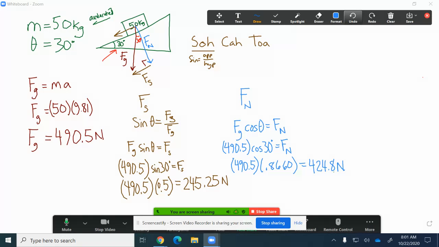All right, so let's just stop for a moment and ask ourselves if that answer makes sense. We're looking at this angle and it's 30 degrees. If the angle was 45 degrees, the force trying to push the block down the slide would equal the normal force, because 45 degrees is halfway between 0 degrees and 90 degrees, right? If it's 0 degrees, all the force would be the normal force.